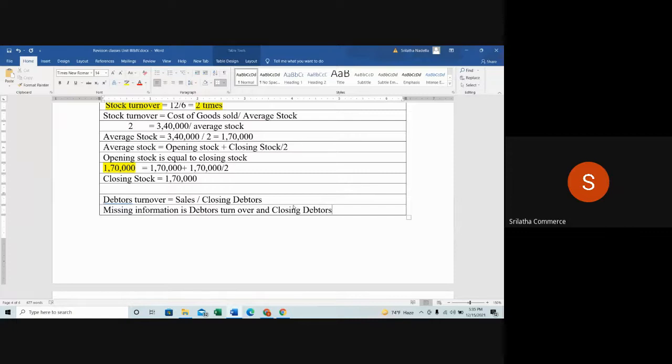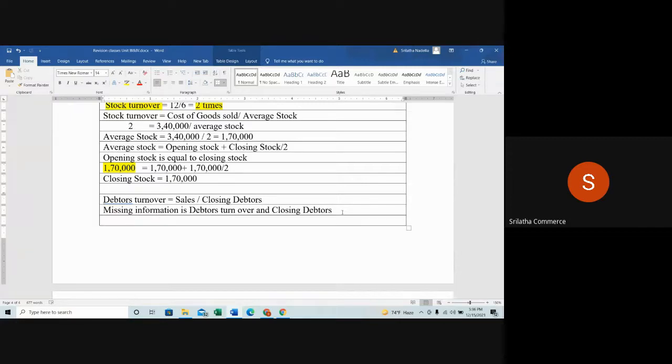These two pieces of information are not available to us in this problem. Only sales we have. So how do you find out? By this equation, any one missing information we can find out. Sales by closing debtors, you get debtors' turnover. Or if you know debtors' turnover and sales, we can find out closing debtors. So debtors' turnover is not given, closing debtors is also not given.